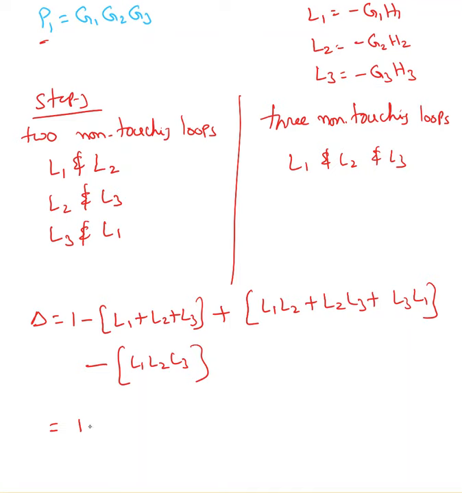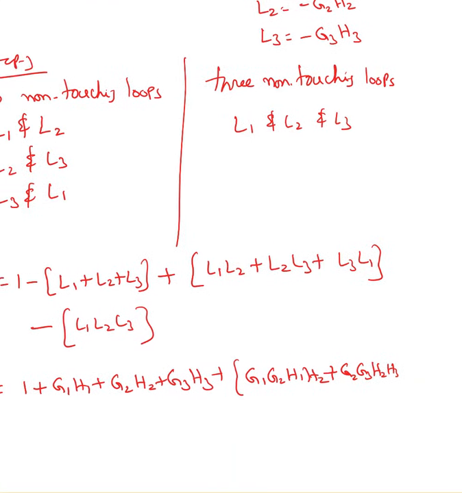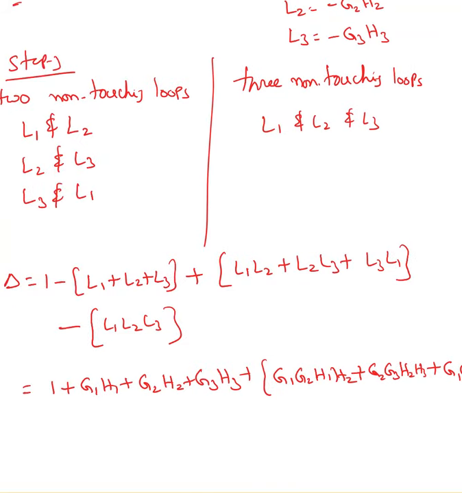Everything has a minus, so minus of minus is going to be plus: 1 plus Z1 H1 plus Z2 H2 plus Z3 H3 plus Z1 Z2 H1 H2 plus Z2 Z3 H2 H3 plus Z1 Z3 H1 H3. Okay, that's the second part.